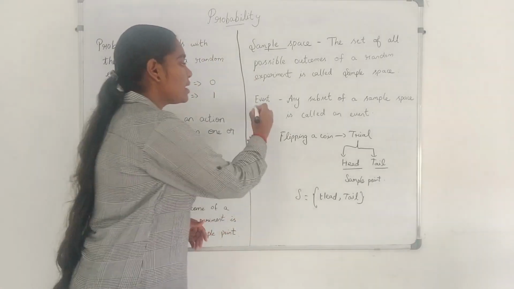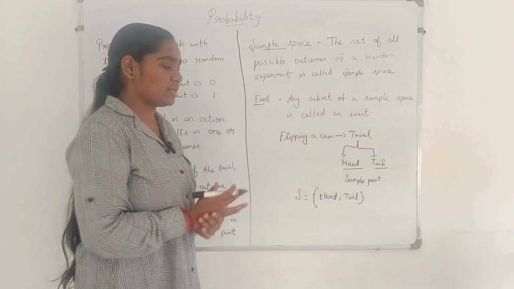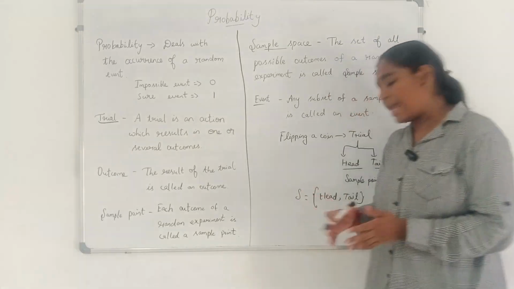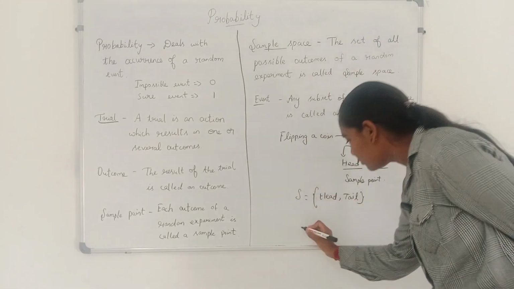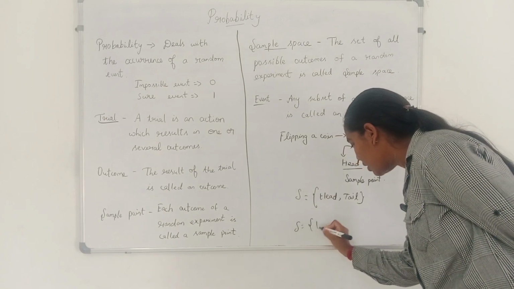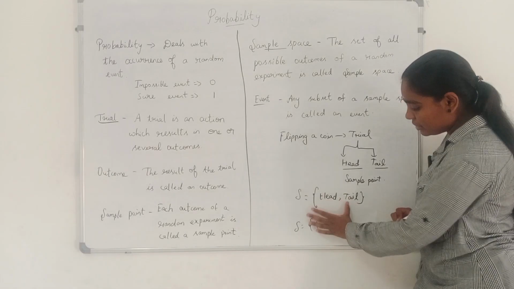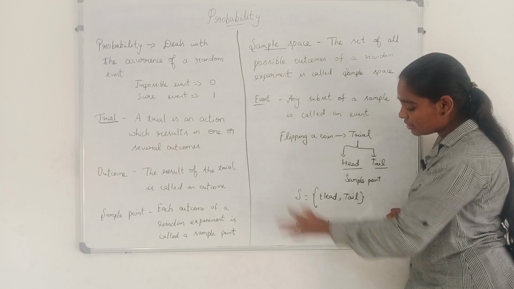Next, event. Event means any subset of a sample space is called an event. For example, now I have to find the event of getting head. So, what is the event of getting head? It is {head}, a subset of this sample space. This is our event.